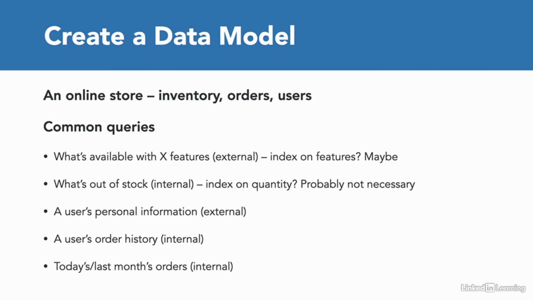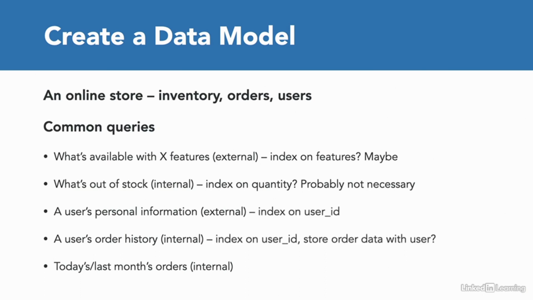The next two common queries are about the user. There's one on the user's personal information and one on the user's order history, which is supposed to be internal mostly, so maybe for a support function or something like that.